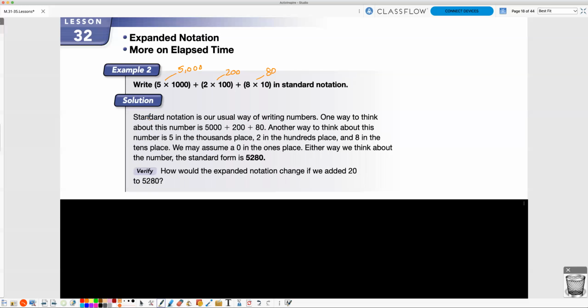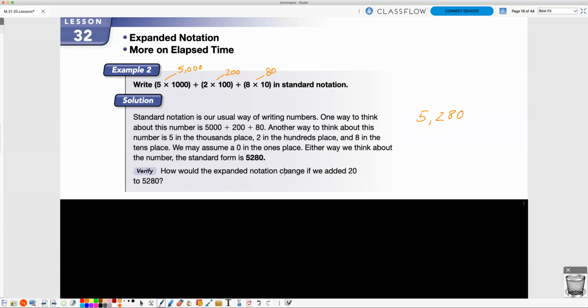So standard notation is just your usual way of writing numbers. One way to think about the number is 5,000 plus 200 plus 80. Another way to think about this number is 5 in the thousands place, 2 in the hundreds place, and 8 in the tens place, and then you have to assume a 0 in the ones place because it has to have that placeholder. So it'd be 5,280.